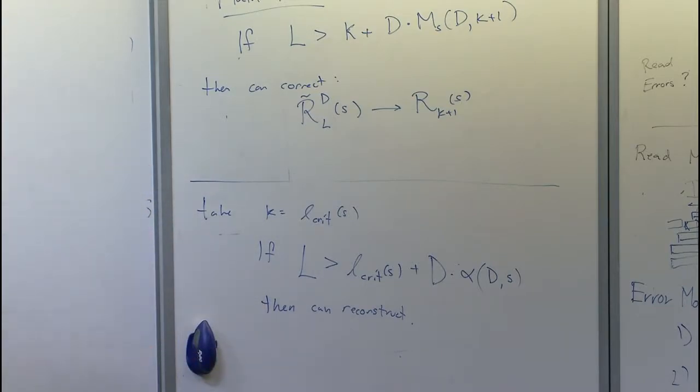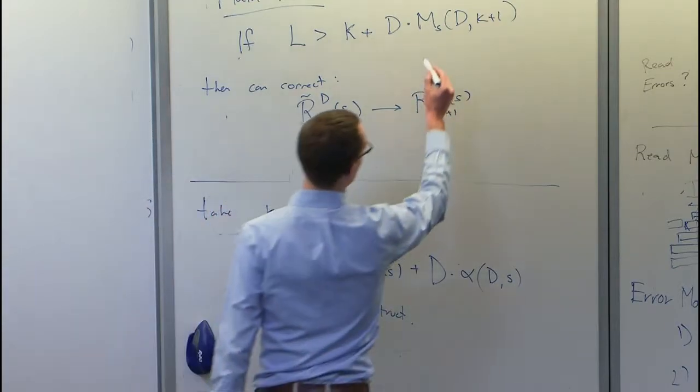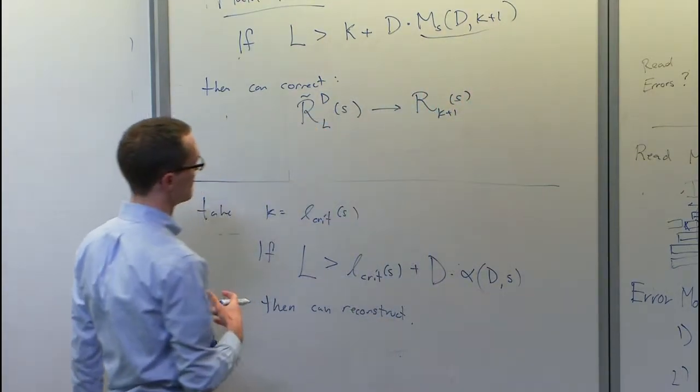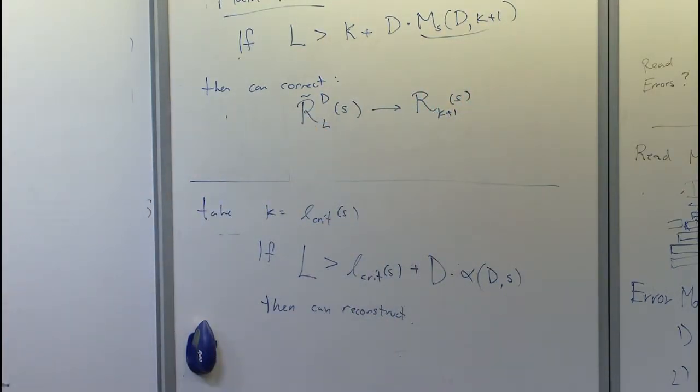So as we discussed, the L critical is a function of the repeats in the underlying sequence. This M is actually another measure of the repeat structure of this underlying sequence.